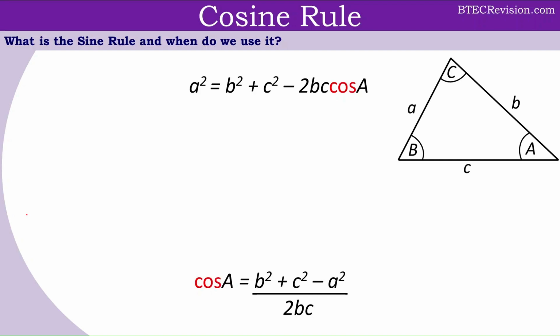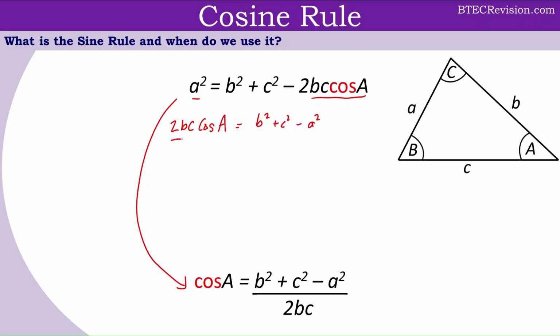Now let's look at the second equation. This can be used to work out the angle, and I can show you how to derive this equation. So we'll take this term on the right, move it towards the left, and we'll take the left term, move it towards the right. So that will give us 2bc cos A is equal to b squared plus c squared, take away a squared.